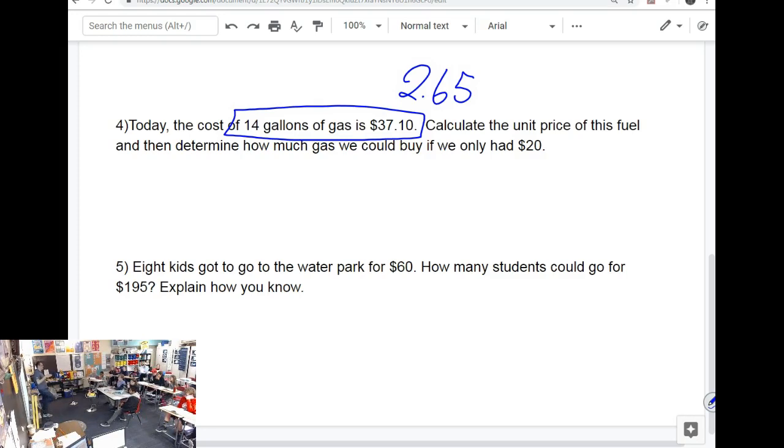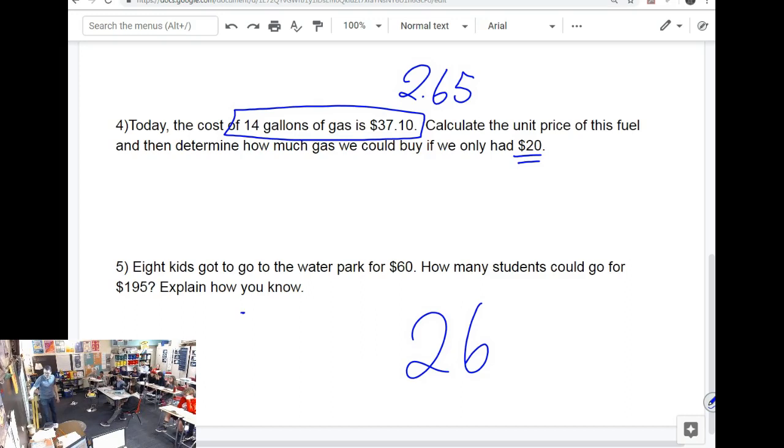So some of you gave me more decimal places, but with $20, we could only get about 7.5 gallons of gas, which back in the day before credit cards and debit cards were so prevalent, often you'd walk into the gas station, just hand them $20, say I want 20 on pump, because you'd know it wouldn't overfill your gas tank. These days you can only just swipe the card and fill up whatever.